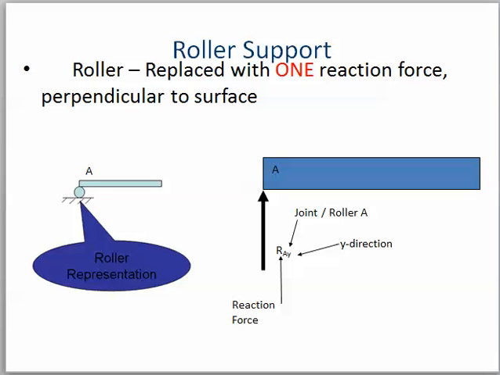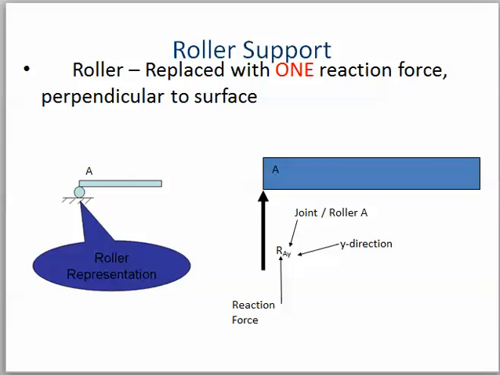Roller support has one reaction force. In this case, we have just a normal force. It's a roller because it can roll. This is used sometimes in suspension bridges or big bridges that heat up and cool off quite a bit throughout the day, so that they have room to move.